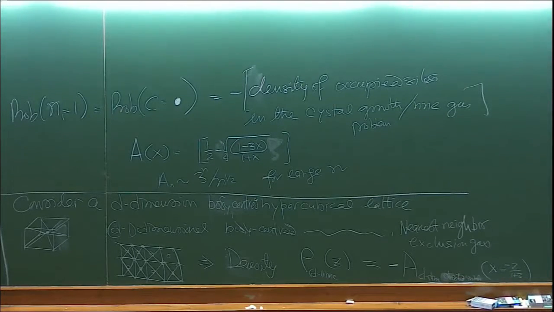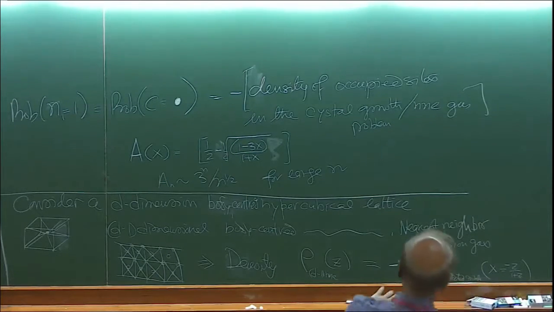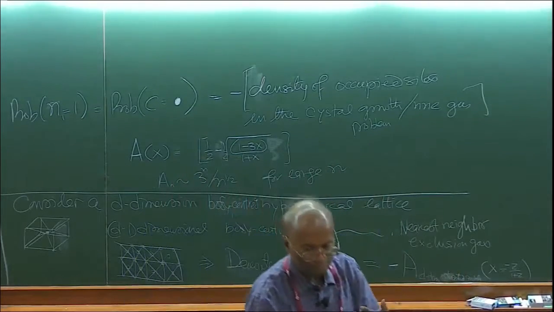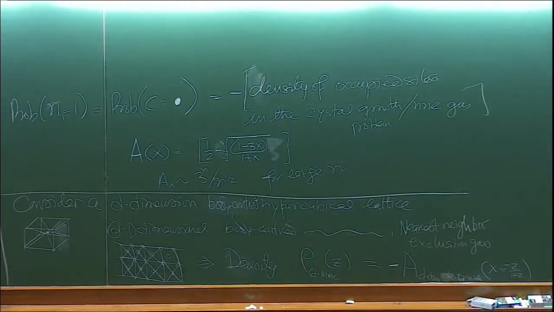But here there is an extra subtlety or surprise, which is that this problem is in D dimensions, and this is in D minus 1 dimensions. So a D-dimensional problem of counting animals on a lattice becomes a problem of doing something or the other in a dimension lower. So this is called dimensional reduction.